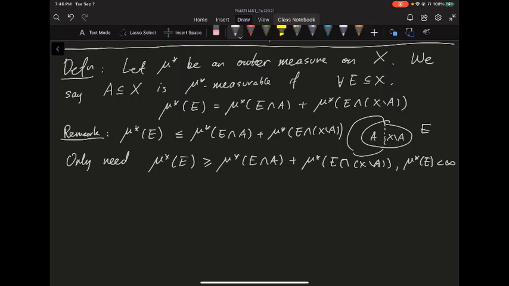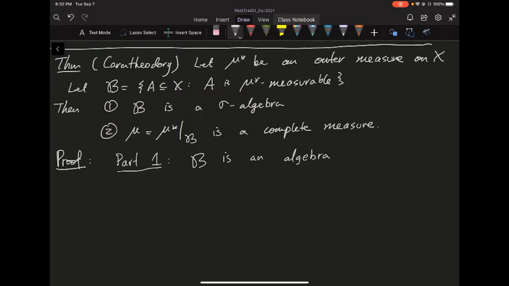All right, so let's move on to the Carathéodory theorem. Suppose I have an outer measure on X, and recall that the outer measure is defined on the power set of X. Usually the power set is too big as a sigma algebra.